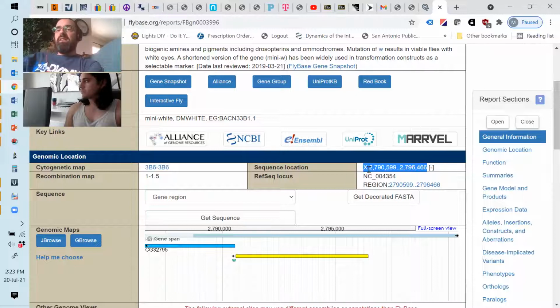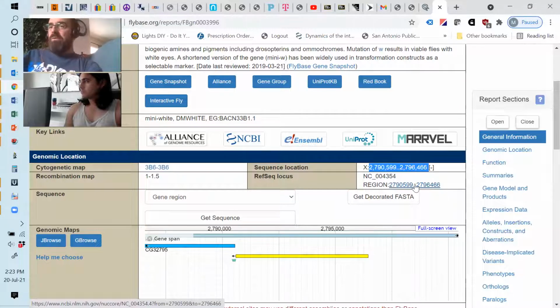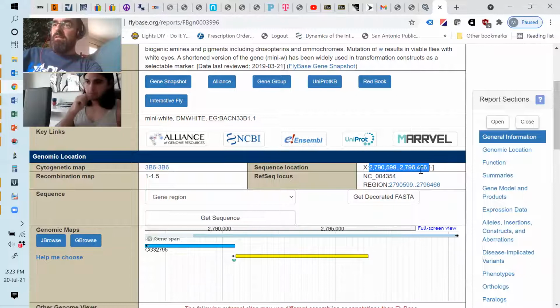And this is its actual physical position, right? So as a gene, it goes from base 2,790,599 to base 2,794,466. So it is about 4 kilobases long, give or take.